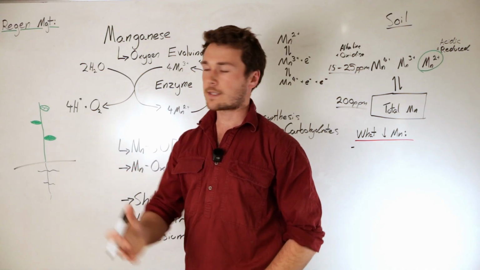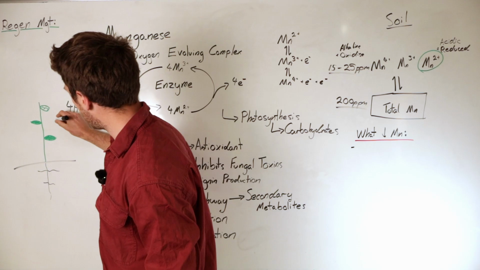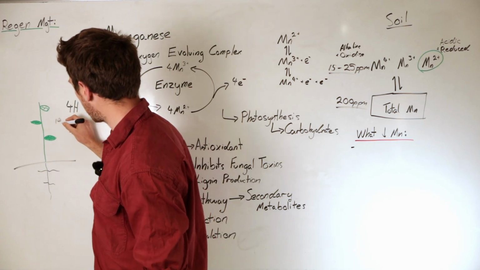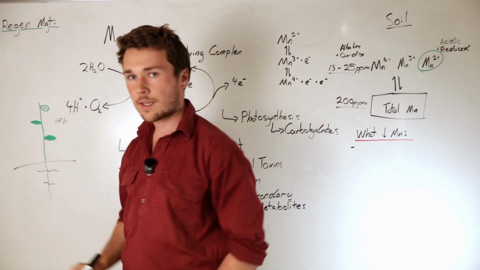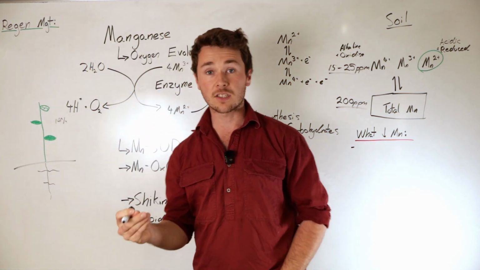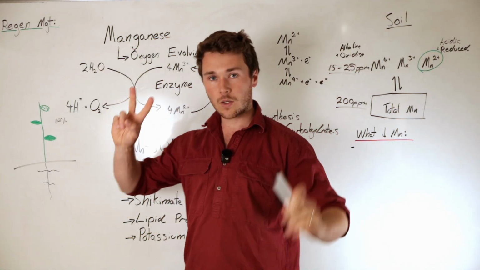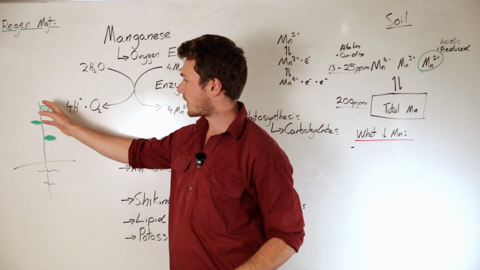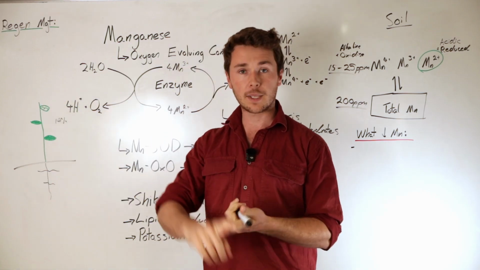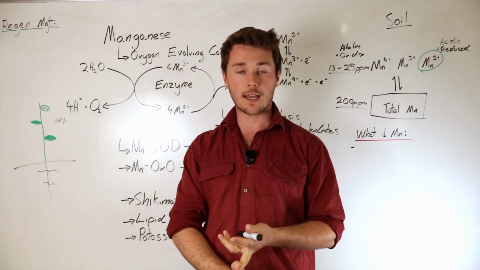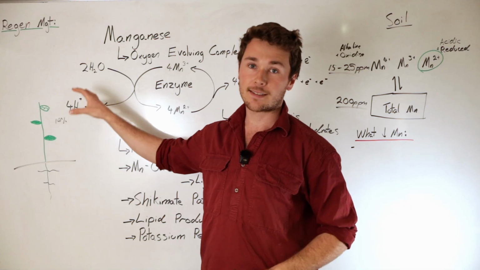And so what warrants a deficiency? Typically it's a 10% variation. That's the threshold. We don't tend to use threshold numbers in our differential sap test analysis just because there's not that much data. And so the ideal level of manganese in, say, our older leaves or our younger leaves will change depending on the plant, the stage it's up to in its development, as well as the plant species and variety.